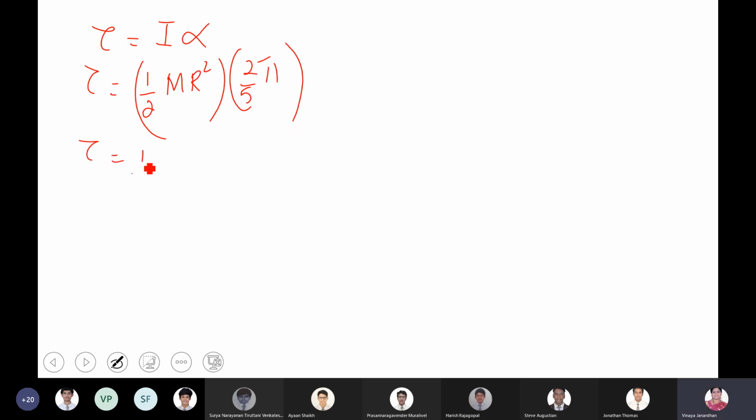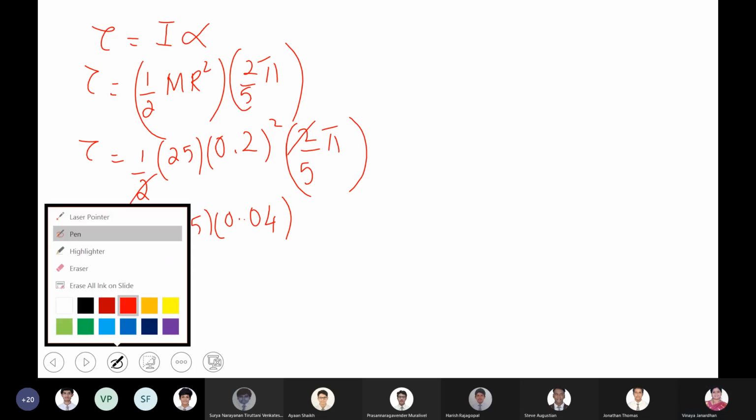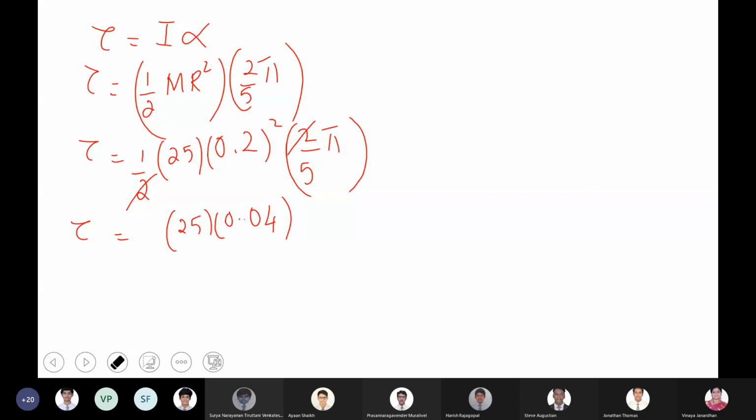So tau becomes equal to, what is the mass? 25 kilogram. What is the radius? 0.2. 0.2 the whole square into 2 by 5 pi. So tau is equal to, this becomes 0.04, 25 into 0.04. 2 and 2 will get cancelled. 5 divided by 5, so this goes 5.